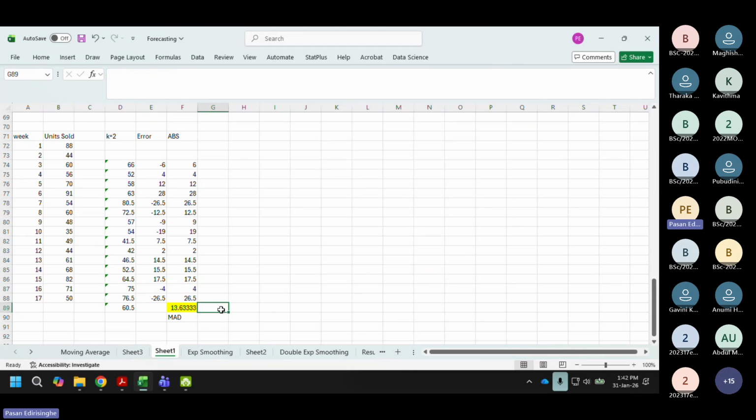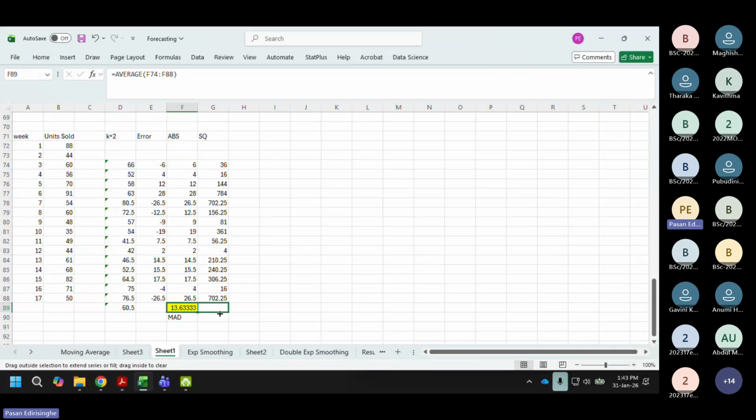And then we need the squared error. So we can take the square of each error, and then take the average.